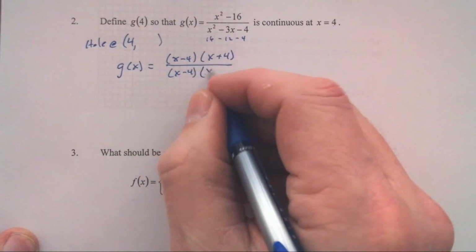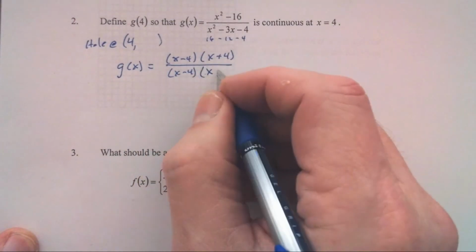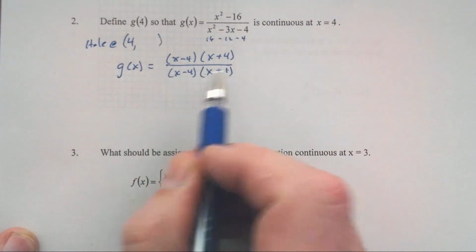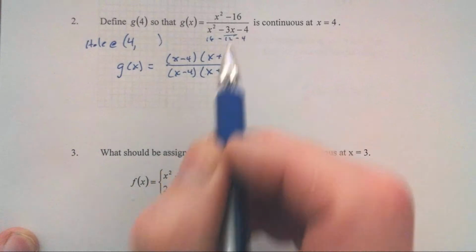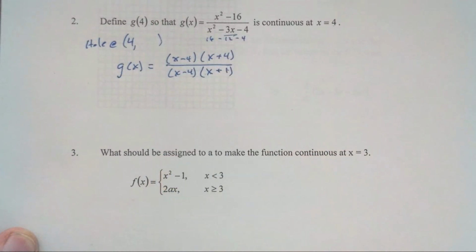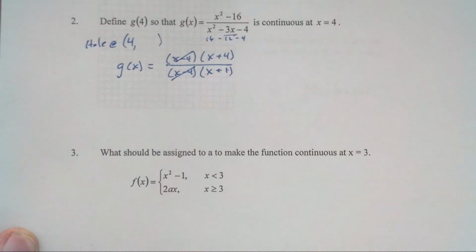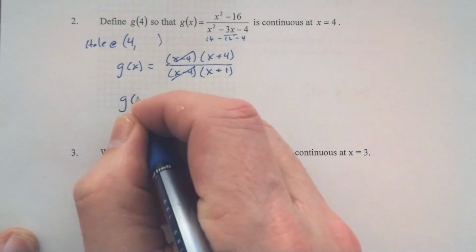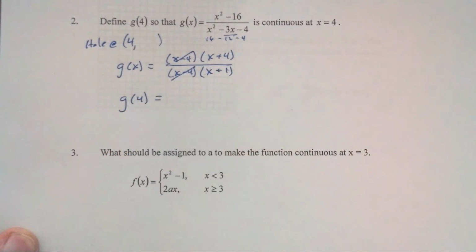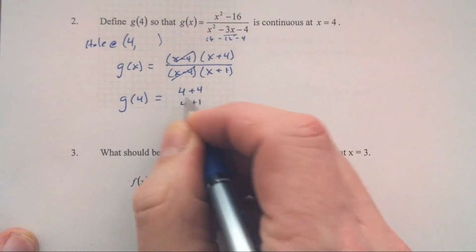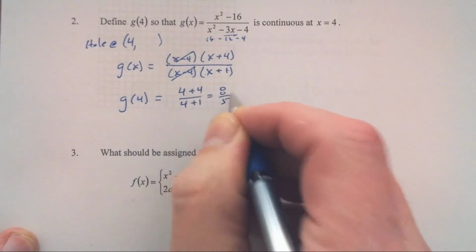X times x is x squared, minus 4 times plus 1, we always check this, plus an x, minus 4x, minus 3x's. So this function really wants to look like this, but there's a hole at 4. But now I can find g of 4, and g of 4 would be 4 plus 4 on 4 plus 1, or 8 on 5.